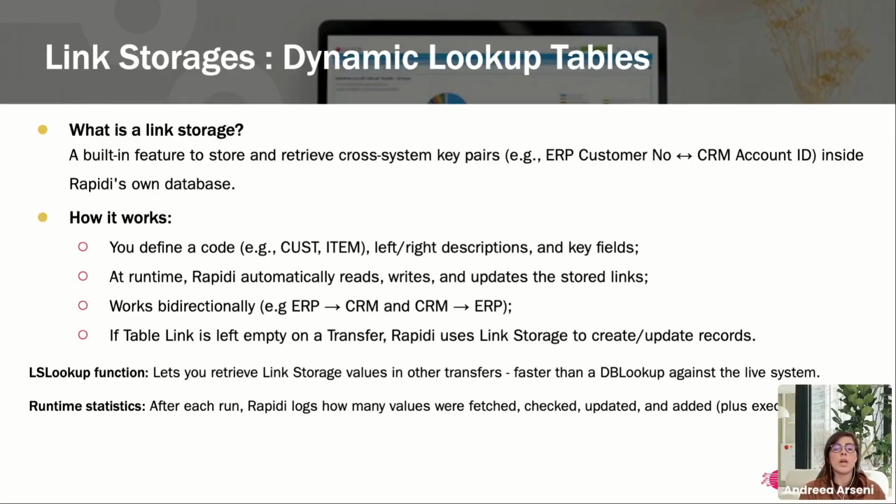Because then it will query your own link storage instead of performing a query on the source system or the destination system. And whenever you have link storages on transfers, Rapidi will show you a log with everything that has been read, checked, updated, and added, right? So then you will have that information available there as well.